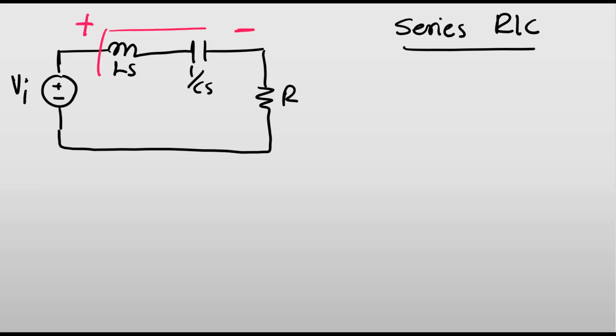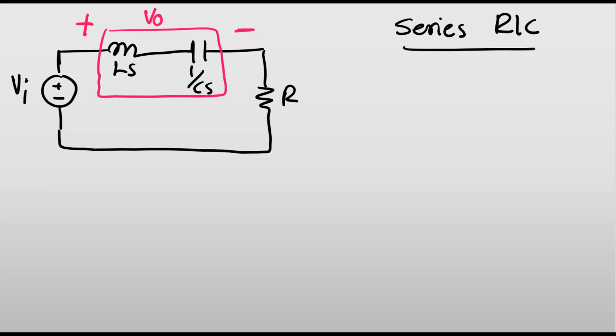Together, I'm going to consider them as one merged impedance, and I'll consider my output voltage to be the voltage across this merged impedance. Now let's see how the behavior of this circuit will be if my output is defined as the voltage across the inductor and capacitor together at the same time.